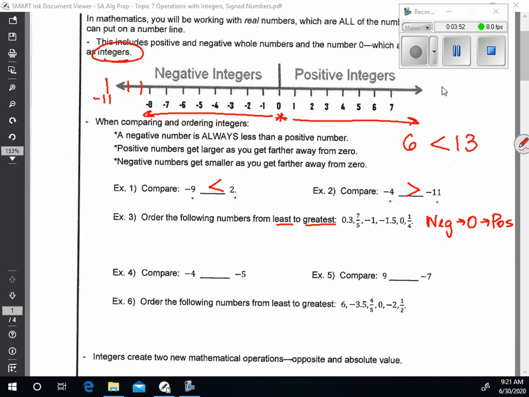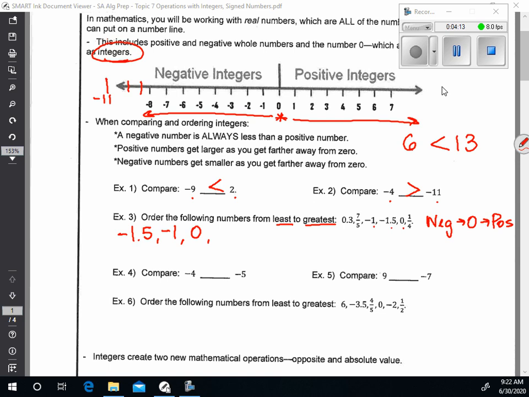For your negative numbers, you're going from the smallest and working your way up. So you have -1 and -1.5. So -1.5 would go first, followed by -1. You have a 0, so we put the 0 in.